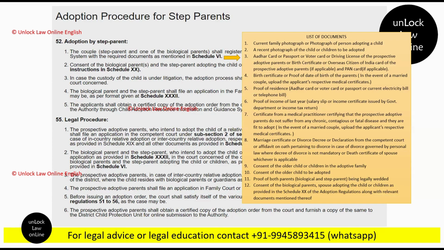In the event of a married couple, upload the applicant's respective medical certificates, proof of residence, that would be either Aadhaar card, voter ID, passport, electricity bill, or telephone bill, proof of income of last year, salary slip, income certificate issued by government department, or income tax returns.